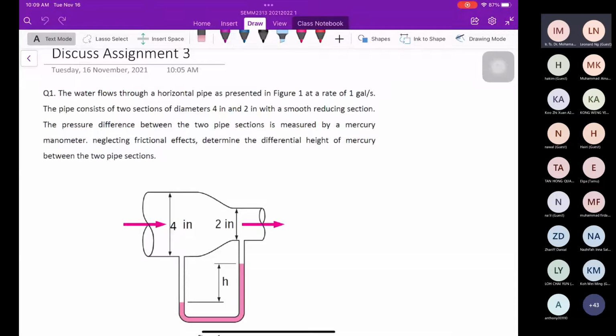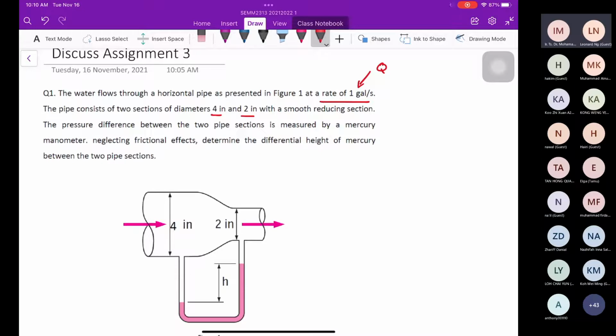The water flows through a horizontal pipe as presented in figure 1. This is the flow rate, we call it Q. The pipe consists of two sections, diameter 4 inch and 2 inch.